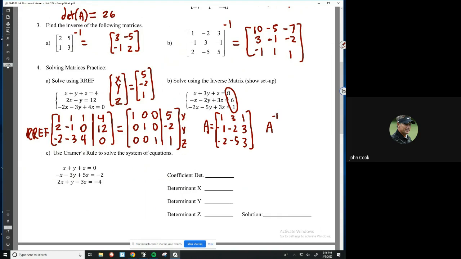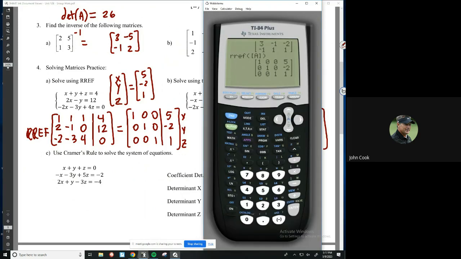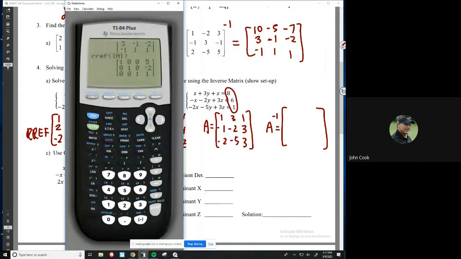So A inverse is equal to something. It's going to be a 3 by 3. Let's see what we get. All right, so matrix A, edit. It's now a 3 by 3. We've got 1 and then 3 and then 1. Then we've got -1, -2, and 3.